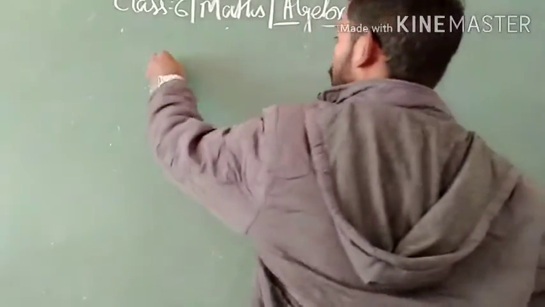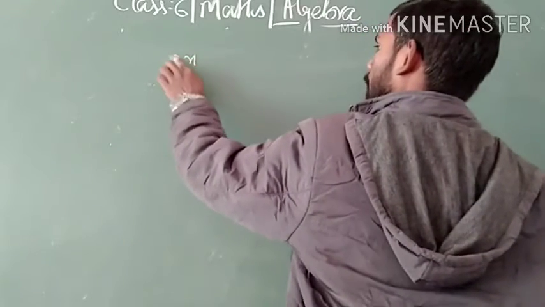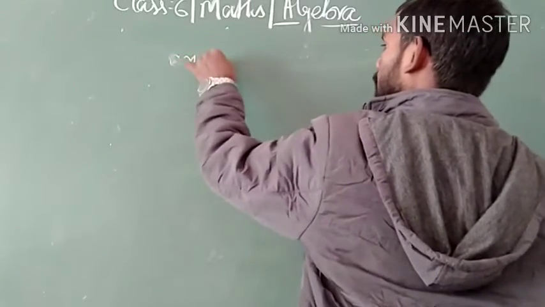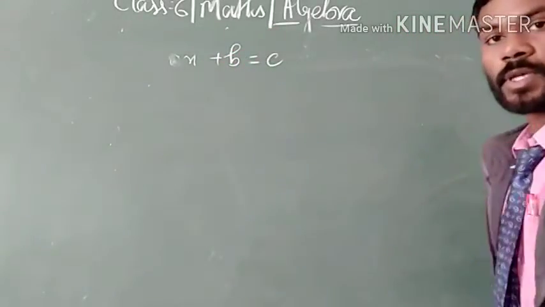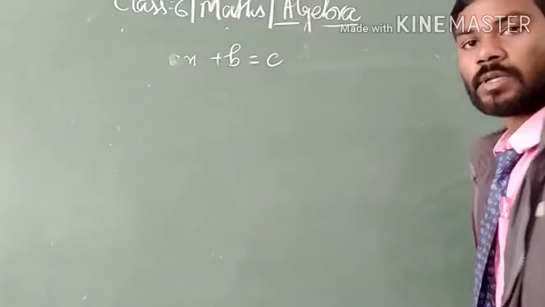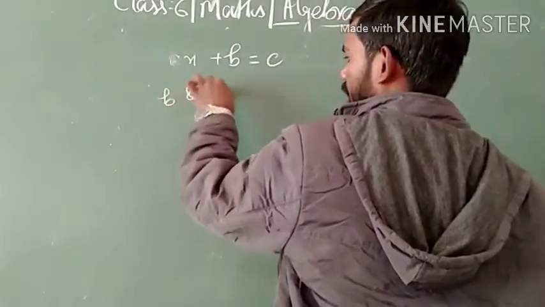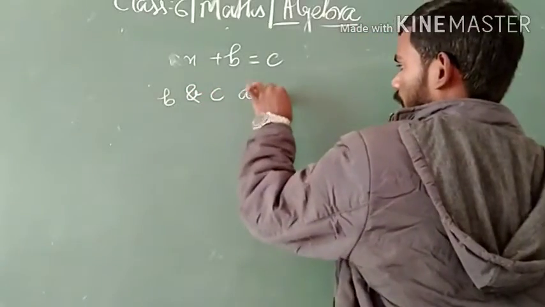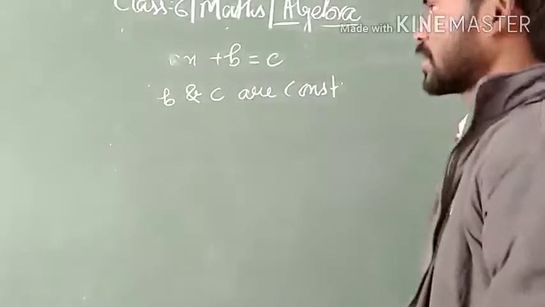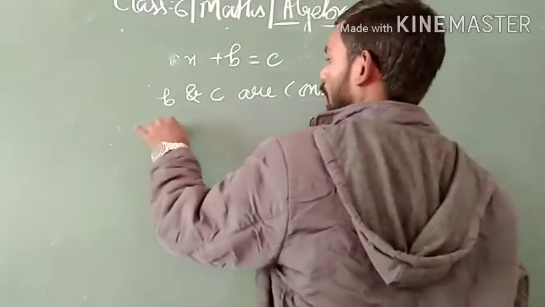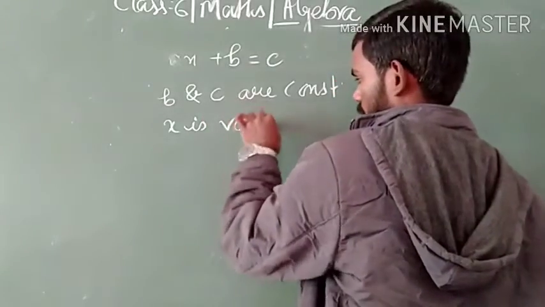Just suppose that ax plus b is equal to c be an equation where b and c are constants and x is the variable.